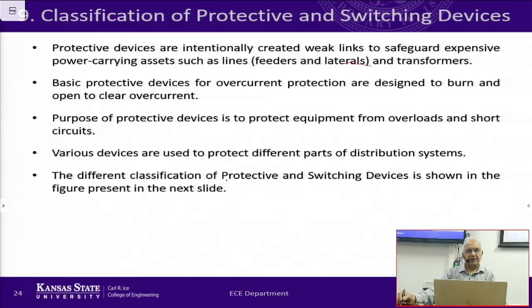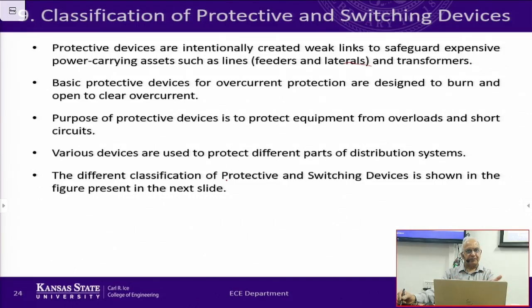And typically, the protective devices are the weak link in the system, because anytime something happens, you want to sacrifice the weakest link to protect something that is more expensive. For example, a fuse is very cheap. So if it burns, it will protect your equipment.